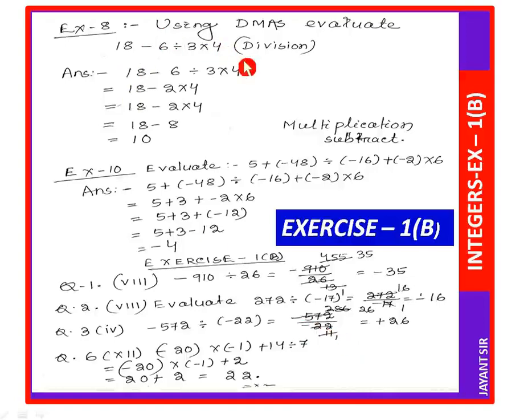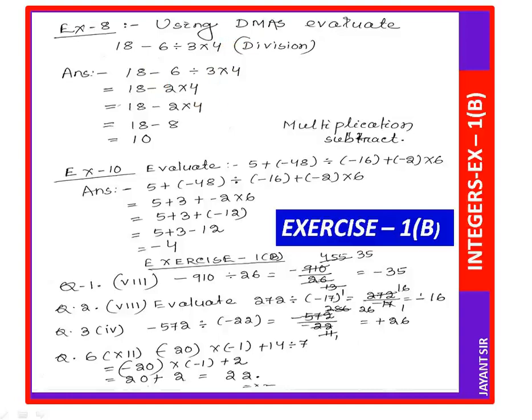Next, using DMAS, evaluate 18 minus 6 divided by 3 into 4. Here multiplication, division and subtraction are there.